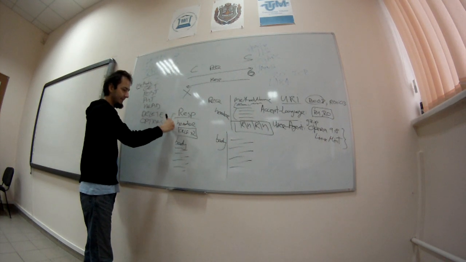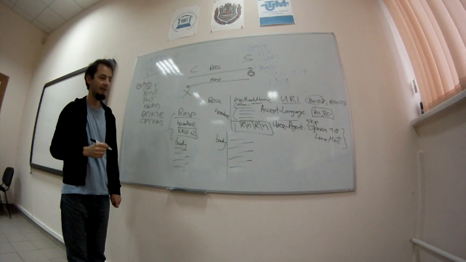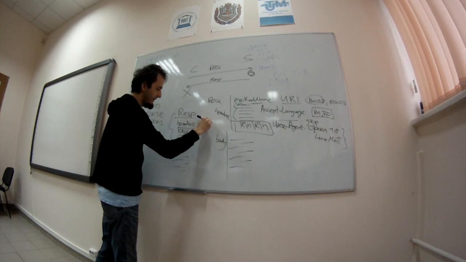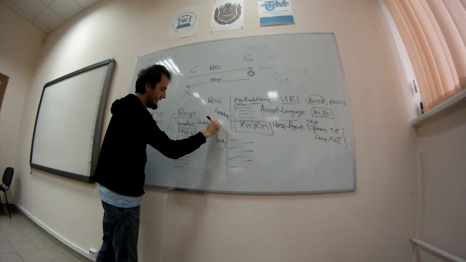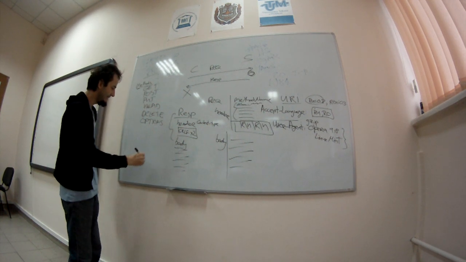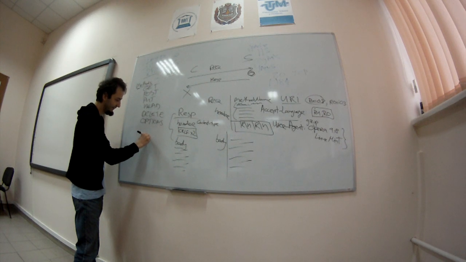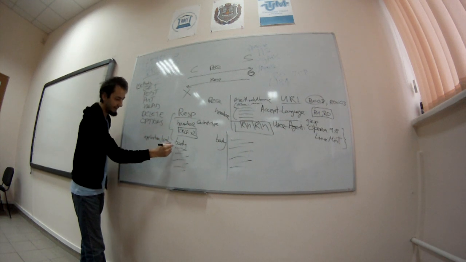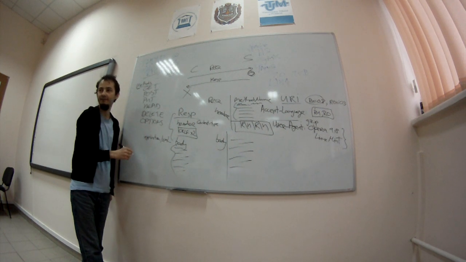The response has a bunch of headers as well. One of them is content type, which indicates what kind of data you are about to receive. It could be something like application/XML, meaning that in this body there will be an XML file.